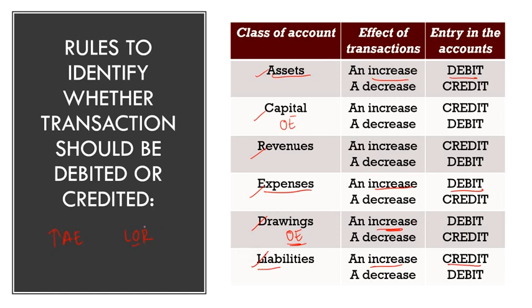Ini owner's equity kita tulis sebelah kredit kan. Tapi sekarang ni drawing tu akan mengurangkan owner's equity. That's why drawing ni bila dia increase dia akan jadi debit. Okay, so tengok sini, capital akan menambahkan owner's equity. So that's why bila increase dia akan jadi credit.